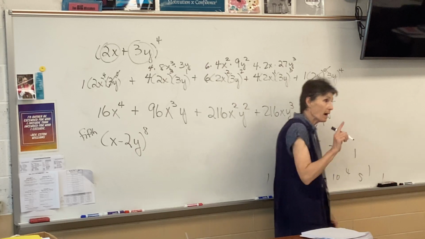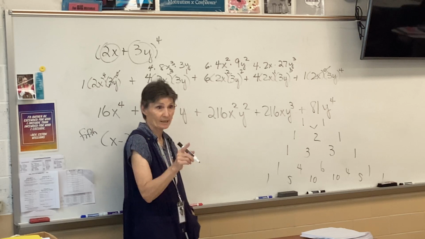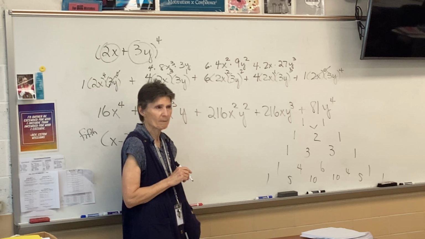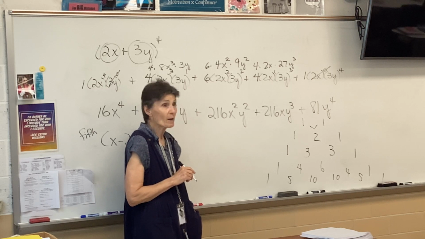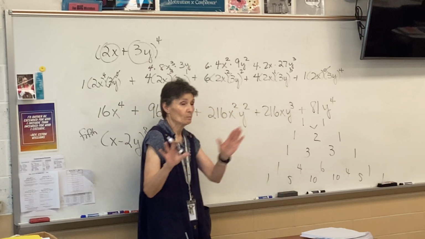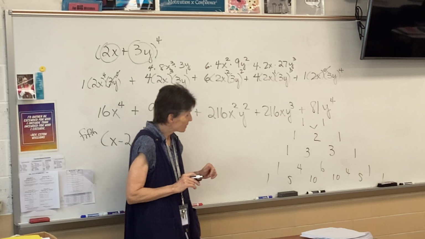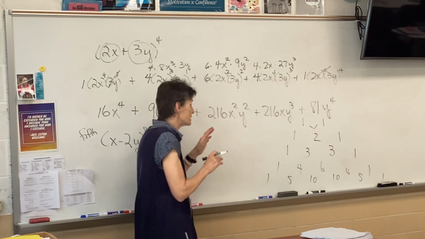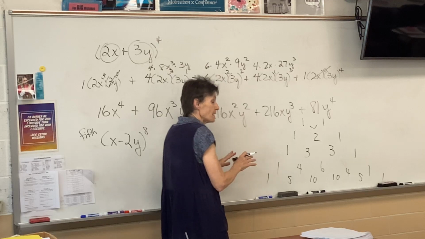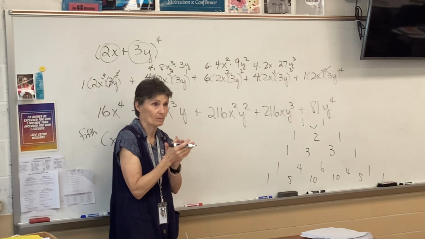I'm not going to do that, because I remember a little shortcut that I shared with you the other day. Does anybody remember it? You don't have to use it; you can always build Pascal's triangle. Yes, exactly. The numbers in Pascal's triangle are the combination numbers, the C numbers.